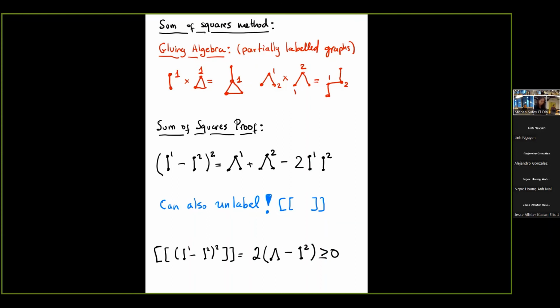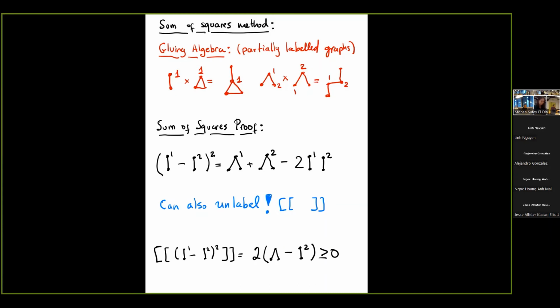So if I square this thing and unlabel, I get twice the cherry minus H squared. And of course, as you can guess, if I square something, it should be non-negative. If I unlabel it, it should remain non-negative. So this gives me a sum of squares proof of this inequality. A very, very simple proof.